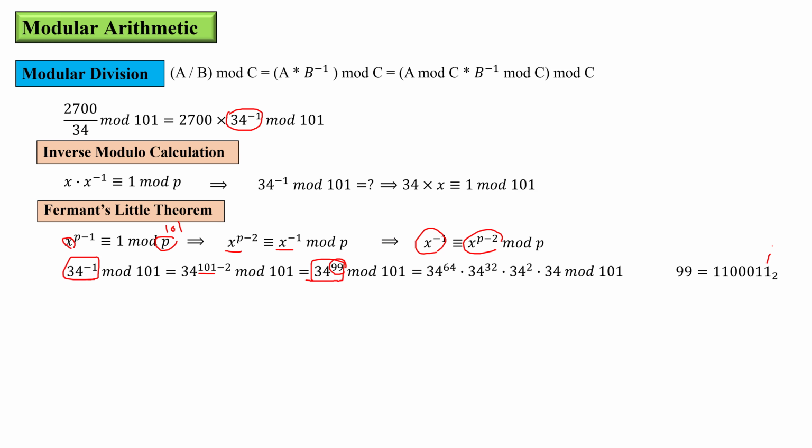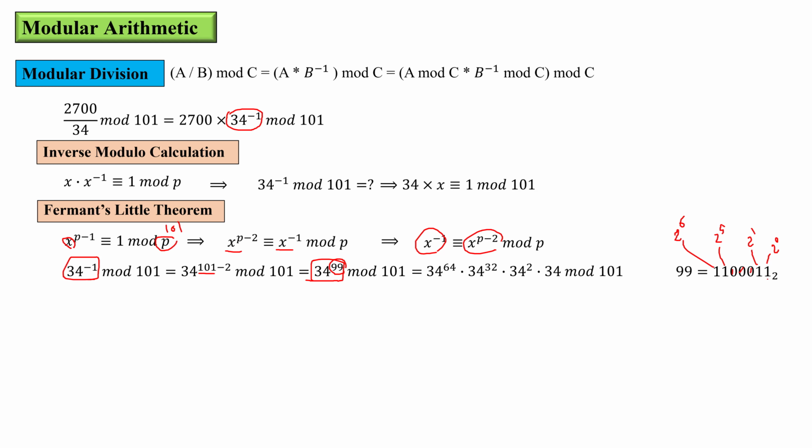So here this is 2 to the power of 0, 2 to the power of 1, 2 to the power of 2, 3, 4, and 2 to the power of 5, and then 2 to the power of 6. So then you can convert 34 to the power of 99.